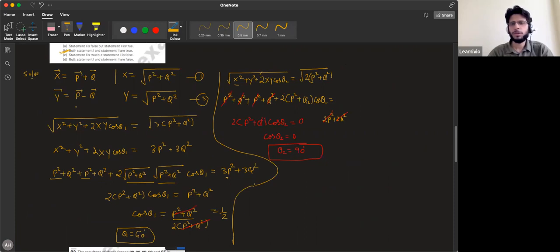Out of 25 questions, you will get some questions which are not very lengthy, but they are just 2, 3, 4 questions in the whole paper. Otherwise, the questions have lengthy calculations. But if you know your NCERT, you know your previous year's questions, then you won't have many surprises in the JEE exam.